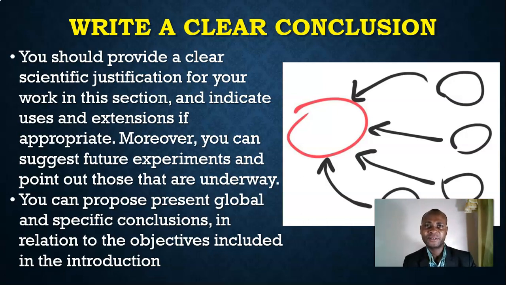Don't restate the whole result. What you are going to do is highlight the main finding and the implication of the finding, how it fits in the literature, how it advances knowledge. So that's what you are going to do for the conclusion.